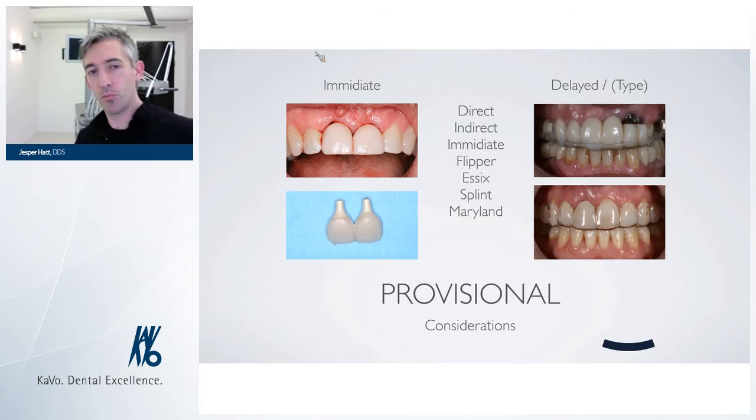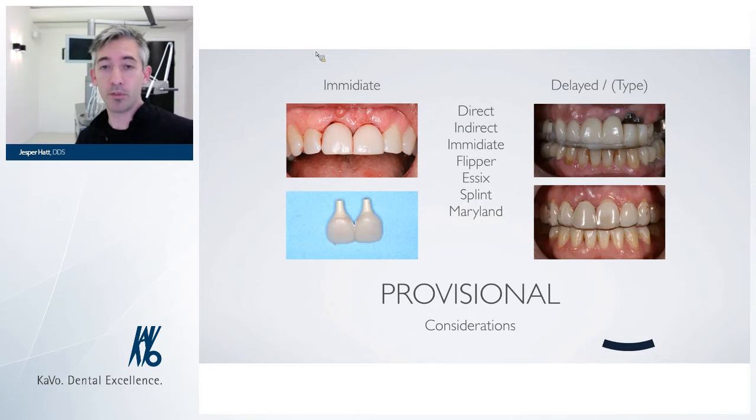So another way of doing this could be by making an indirect provisional. In order to do that, we have to know where the implant goes before we do the implantation. And the only way we can do that is by guided surgery.